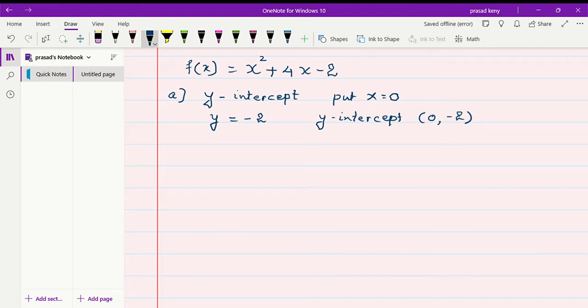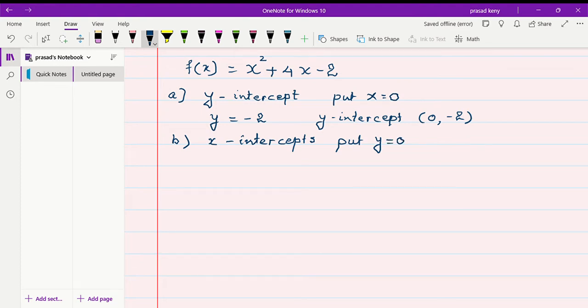Then the second part is to determine the x-intercepts. So that we'll do by putting y is equal to 0, or that is f(x) is equal to 0.